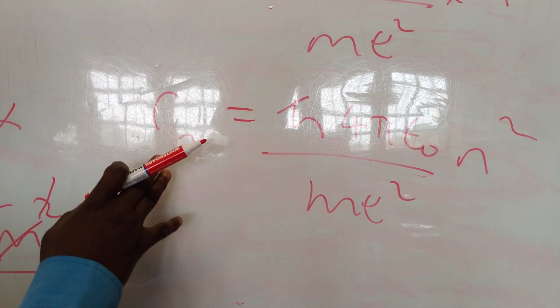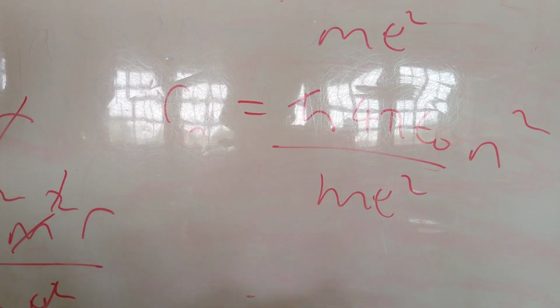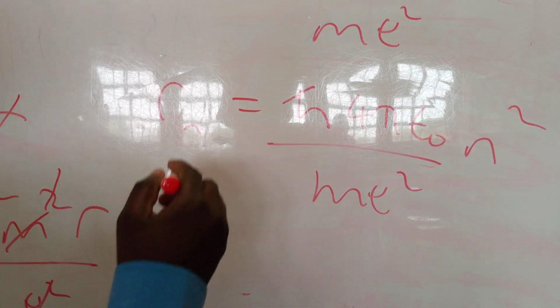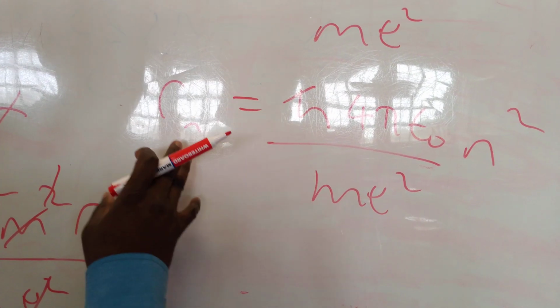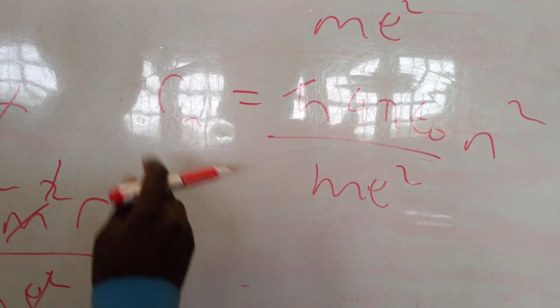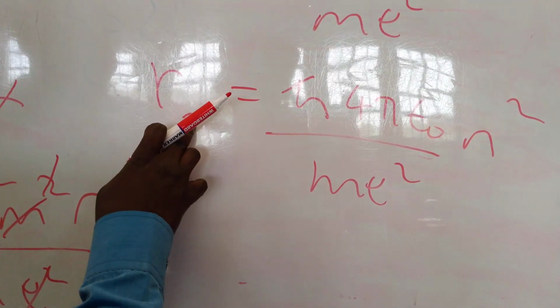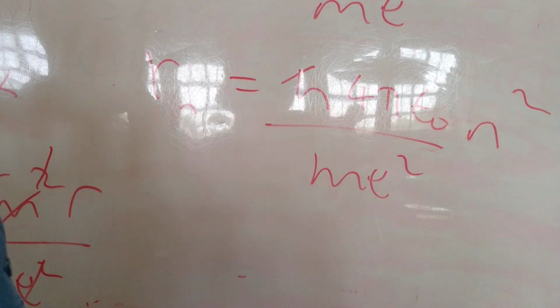So according to Bohr, the electron does not orbit at any radius about a proton. It orbits at what are known as allowed radii. So the radius at the nth level is called allowed radii.